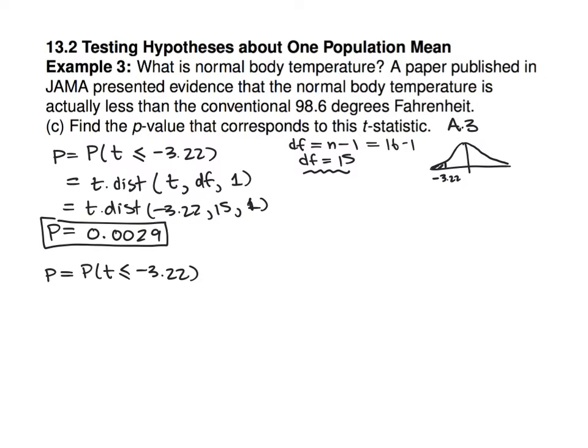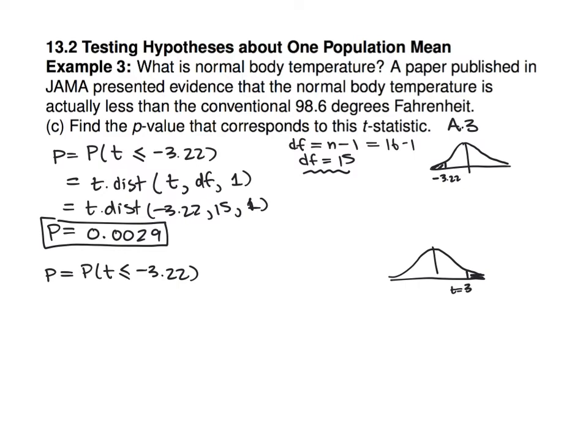So when they have a t-statistic, say, of 3, which is the closest to what we have, they're looking at this picture and saying, okay, what's the area from that t equals 3 value over? If we were to take the absolute value of our test statistic, which was negative 3.22, we would get positive 3.22.